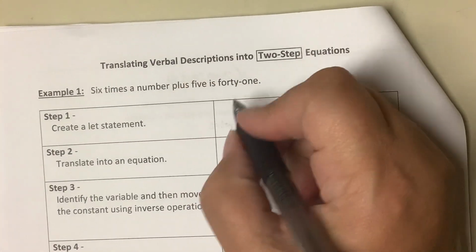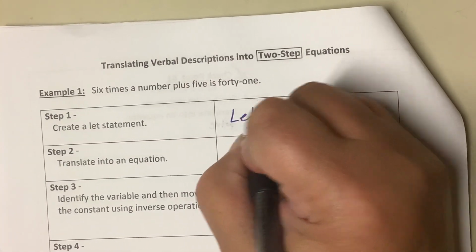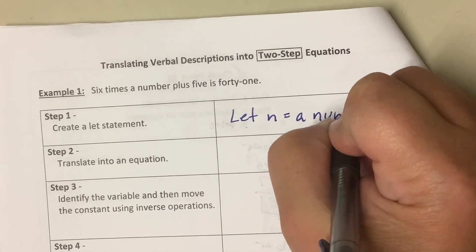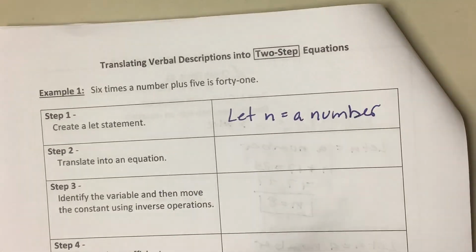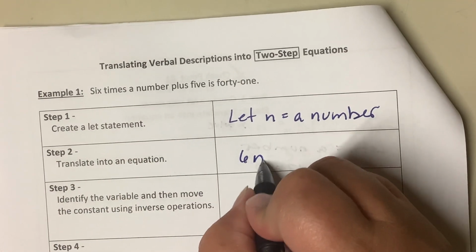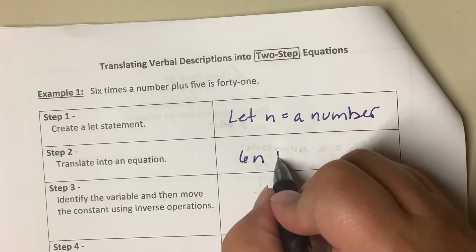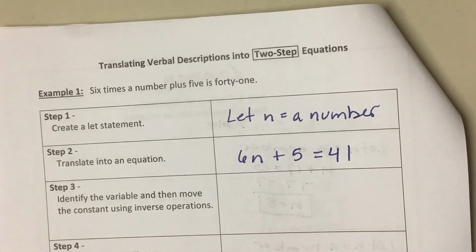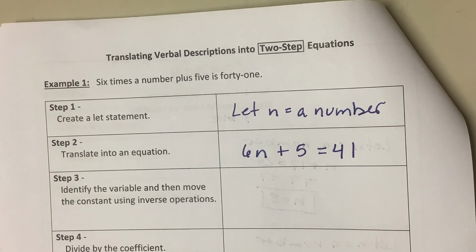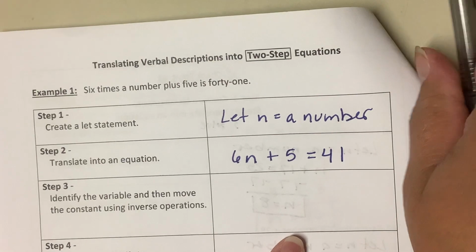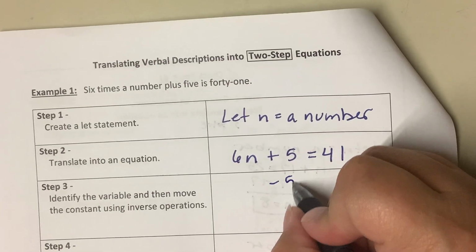Let n equal a number. And then just translate it word for word. 6 times the number, 6n, plus 5 is 41. All right. Identify the variable, n. Then move the constant to the other side. Minus 5 from both sides.